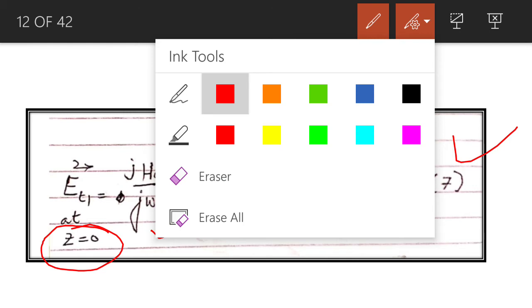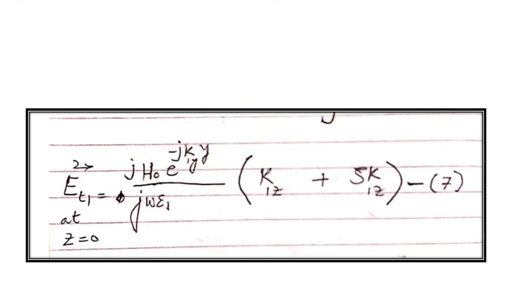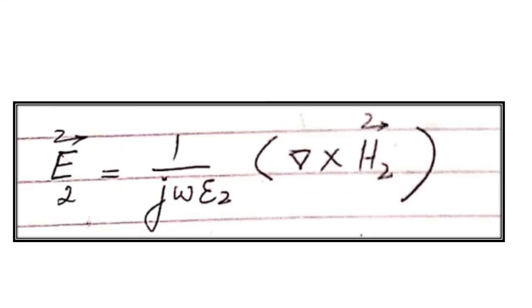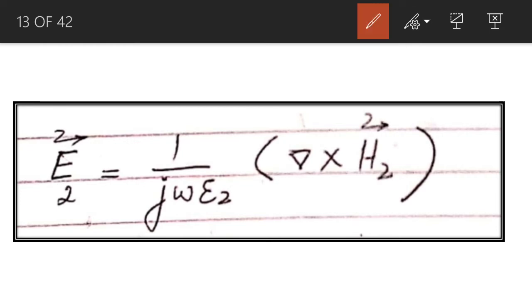So let us calculate the tangential component of E2. We can calculate E2 in medium number 2 with the help of the right hand side of this equation. What is on the right hand side of this equation? We have 1 over j omega epsilon 2 into the curl of the magnetic field intensity in medium number 2.